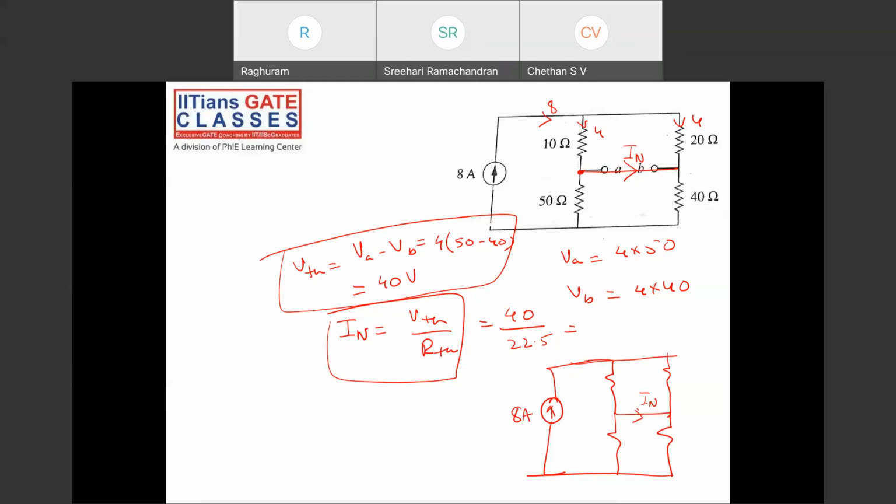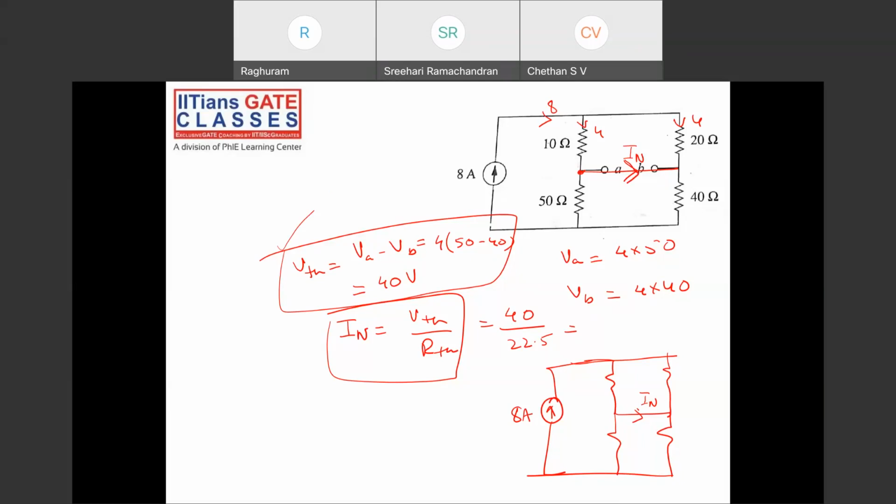We'll do some problems, and I'll show you how to do it with the help of the duality principle. I think you got an idea how to find IN now. This is the best way: find VThevenin and then convert it into IN.